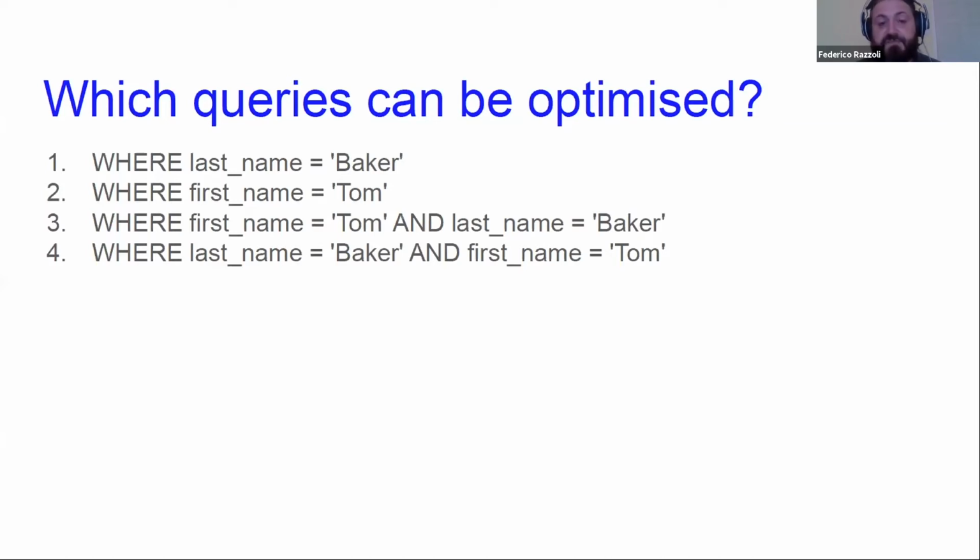The last one is just the same thing written in a different order, and I included this option because it is a question that I was asked frequently when I explain these kind of things to developers. And the answer is yes, of course, it can use an index because it doesn't matter in which order you write the conditions. MySQL will be, of course, smart enough to understand what to do.